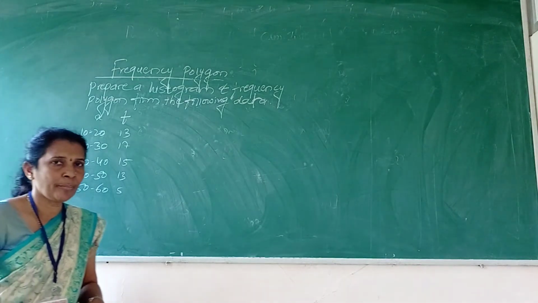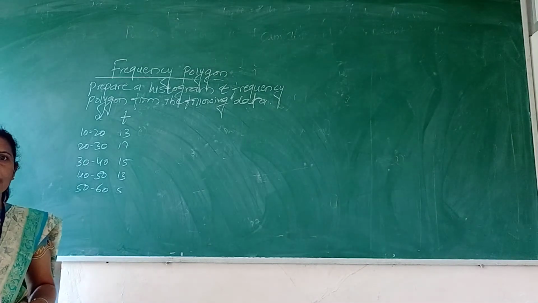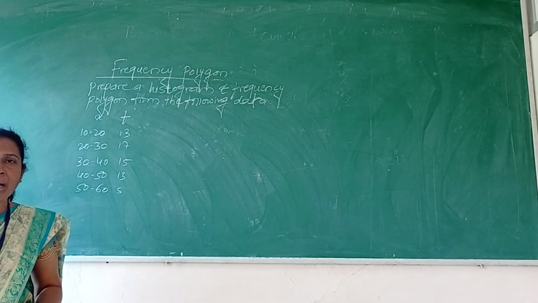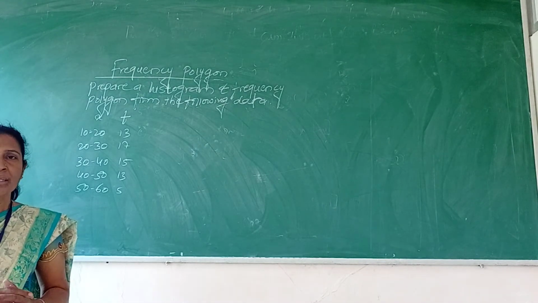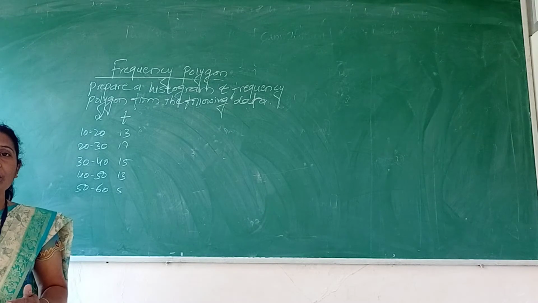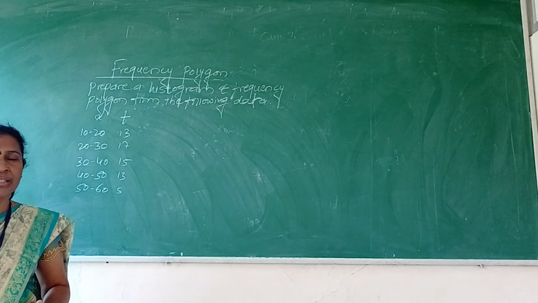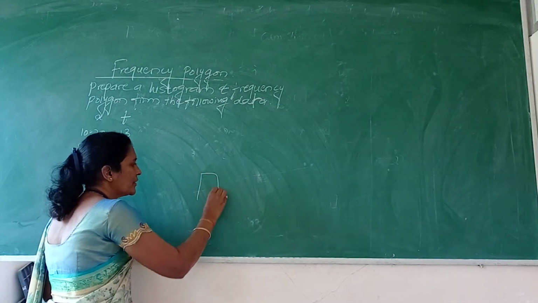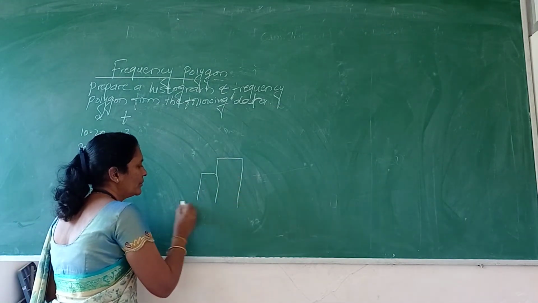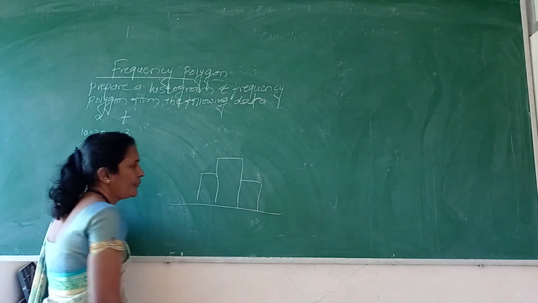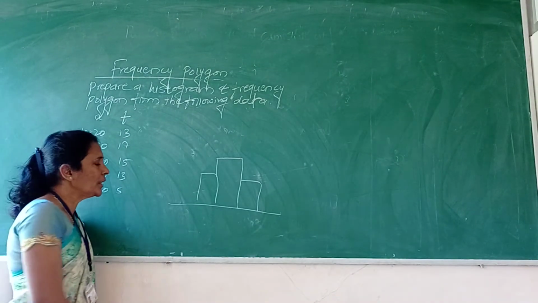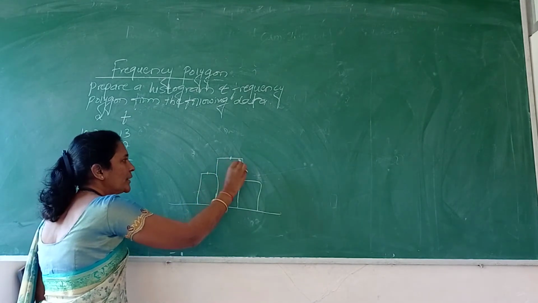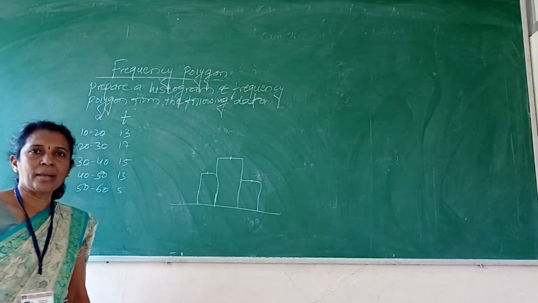Here what we do is, all the tops of the adjacent rectangles are joined with the help of a scale. When I say all the tops, we are going to take into account the midpoints. For example, if this is your histogram, these are the midpoints of your histogram.